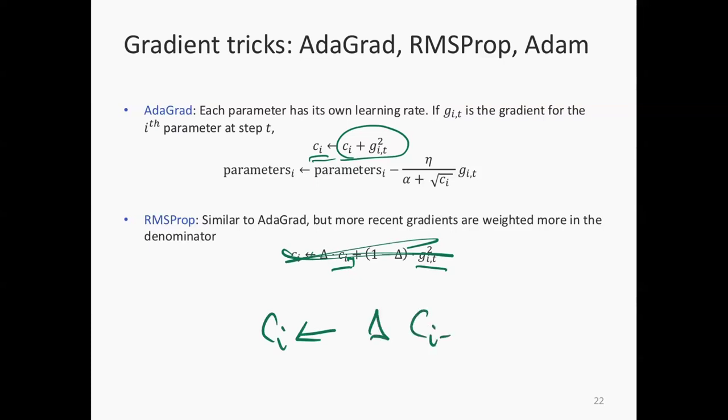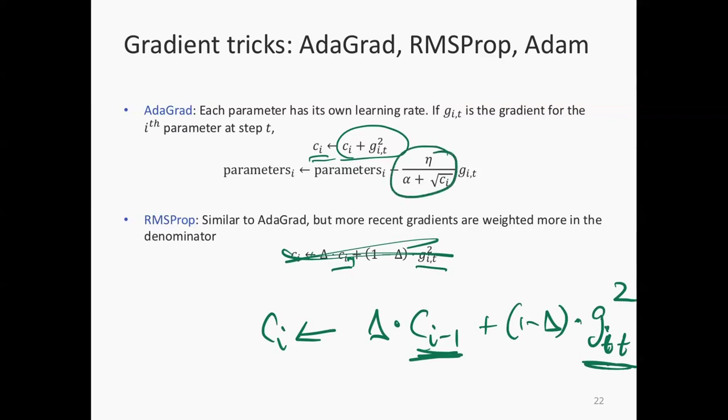Delta times c_i minus 1 plus 1 minus delta times g squared, something like that. So you get delta amount of c_i minus 1 and 1 minus delta amount of the current gradient that controls the learning rate. So more recent examples contribute more to this expression that controls the learning rate.